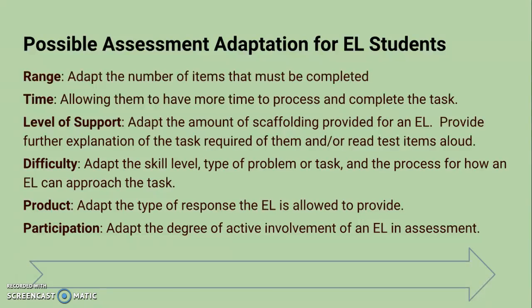It all depends on your student's strengths, the purpose of the assessment, and the content goals that you set forth during your planning and preparation stage. You can also adjust the degree of participation that students have to have in any given activity. This is really dependent upon their comfort in the class, affective filter, and their ability to use language in the group setting.